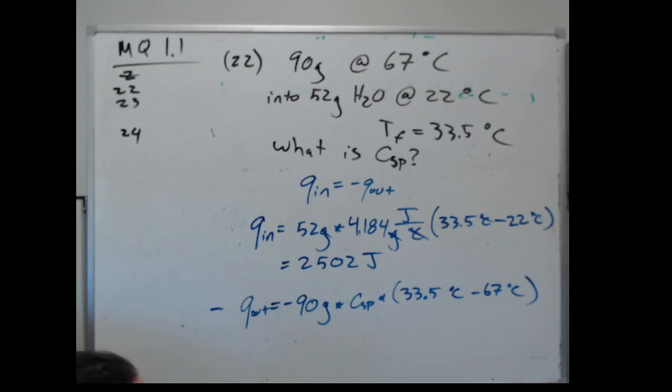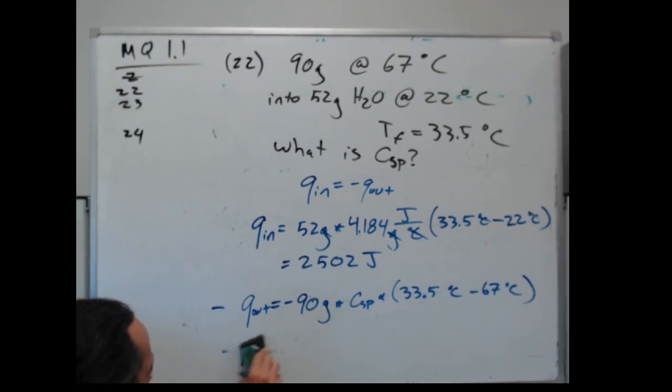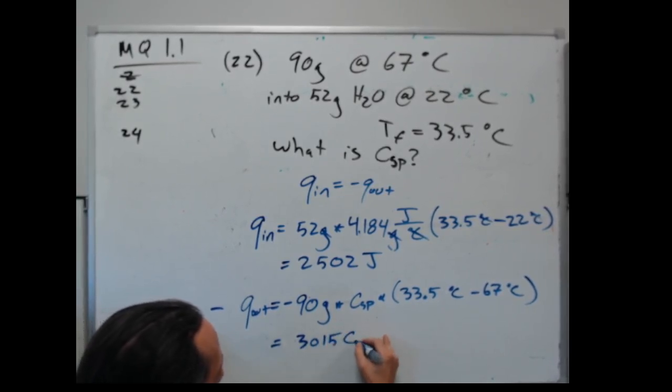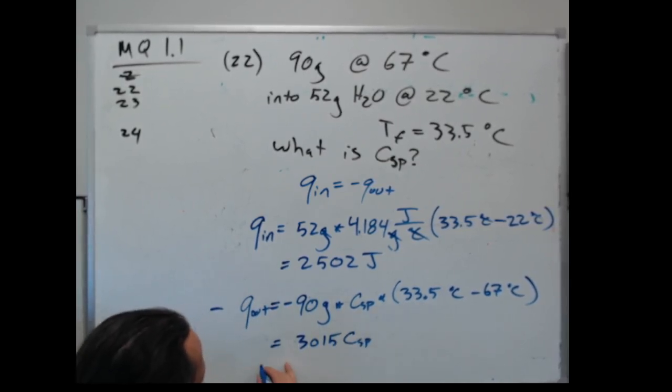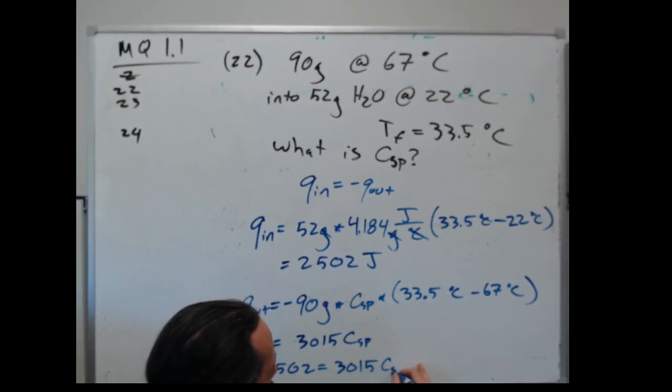So we're going to have 33.5 minus 67, which, oh, that's convenient, gets us negative 33.5. I thought I had a typo. Multiply by negative 90. Ooh, I forgot my negative sign. What we're going to get is negative Q out is equal to 3015 times the specific heat capacity. Now I can just set my negative Q out equal to my Q in, and I'm going to have 2502 equal to 3015 times the specific heat capacity.